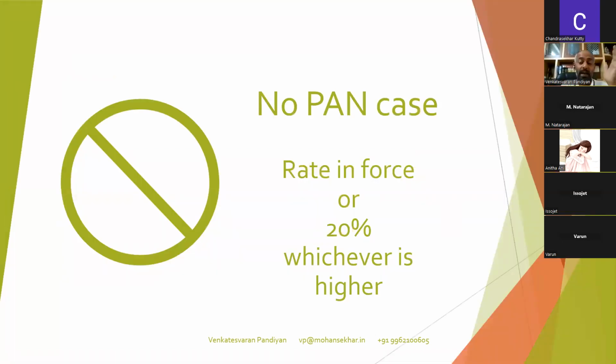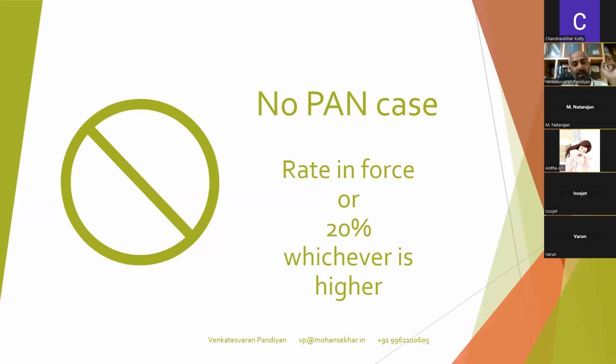I told you the total tax liability will be determined based on the slab that is applicable, and the average will be deducted. Suppose the employee does not give the employer PAN. In that case, 20% or the rate that is applicable, whichever is higher, is liable. What does it mean?